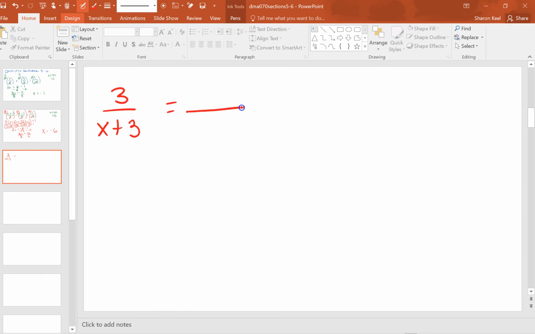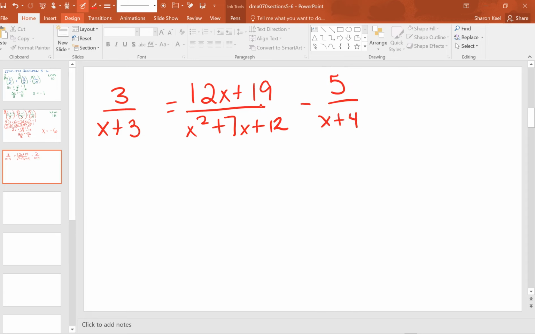In the second one, we have x squared plus 7x plus 12. Here is our trinomial, minus 5 over x plus 4.